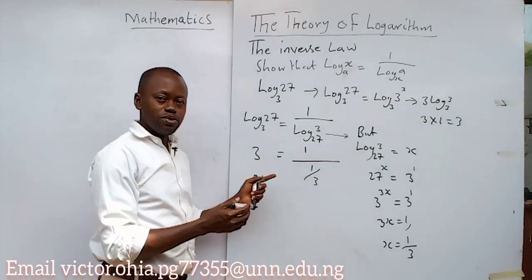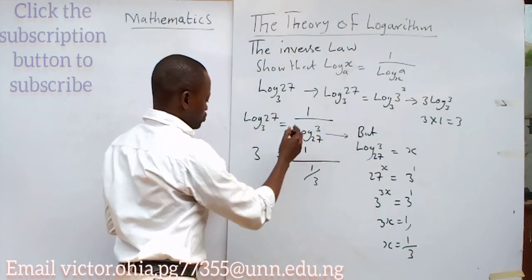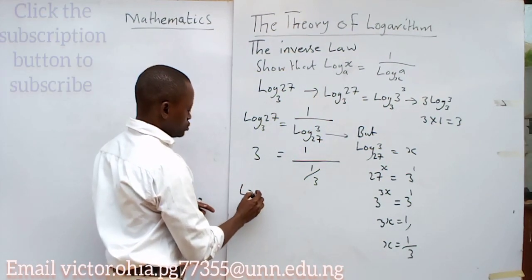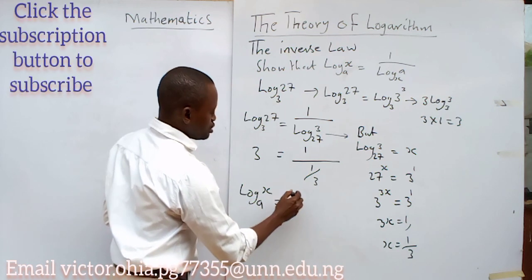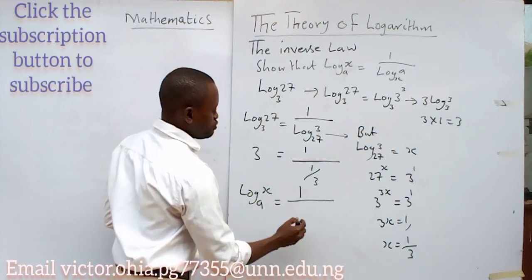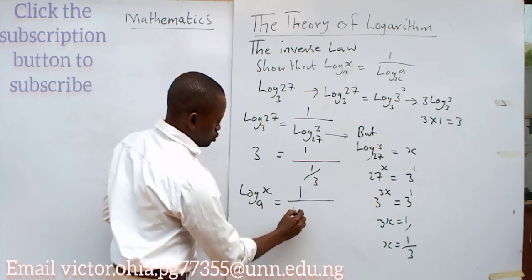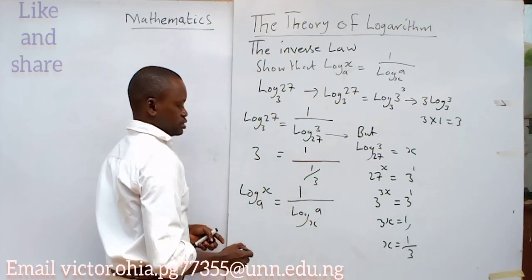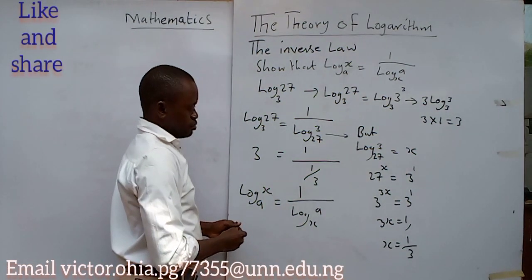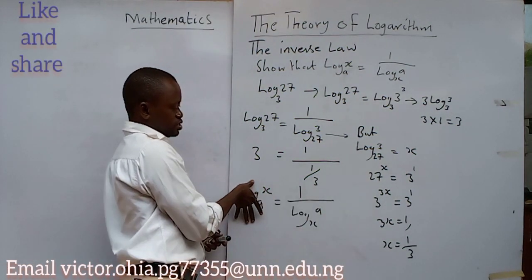Have we been able to show that whenever you have log x in base a, it is the reciprocal, the inverse, of log a in base x? Yes, we have been able to show that right now.